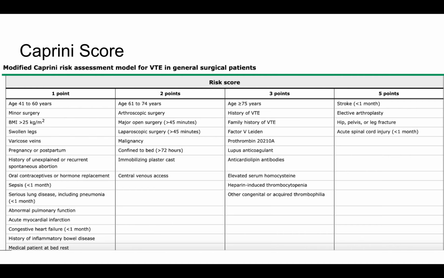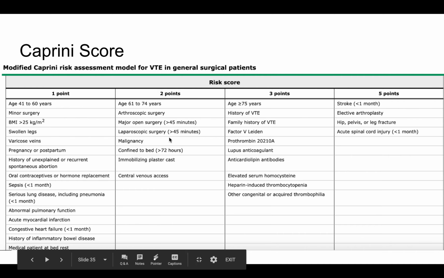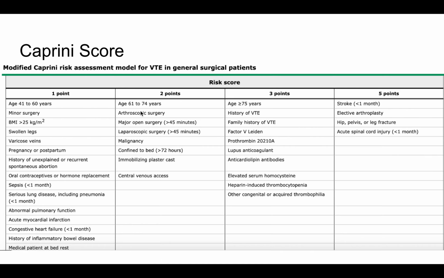Just looking at it, any sort of laparoscopic surgery greater than 45 minutes and age 61 to 74, usually those 2 will get our patients into at least the moderate risk for most of the surgeries, or at least even major open surgery or a longer laparoscopic surgery at a younger age will still put them into moderate risk. So for the most part, anyone we're operating on is going to fall into this moderate risk category.